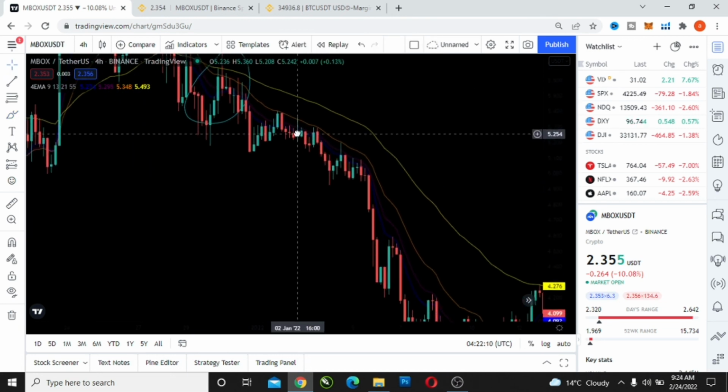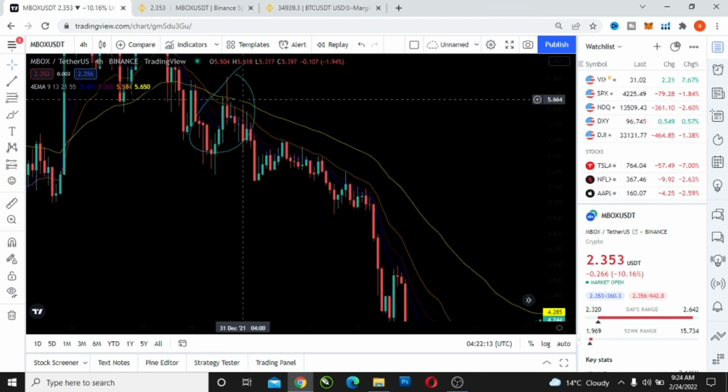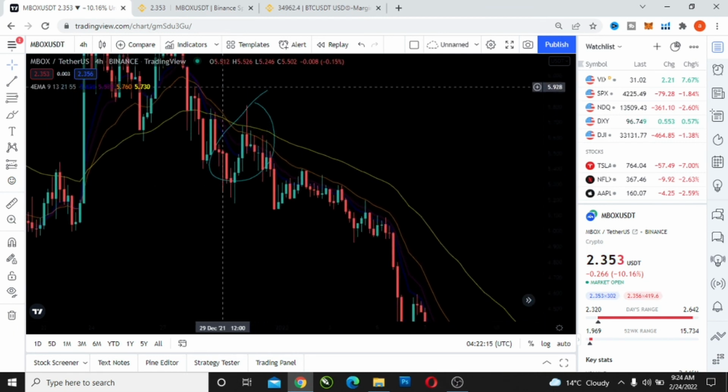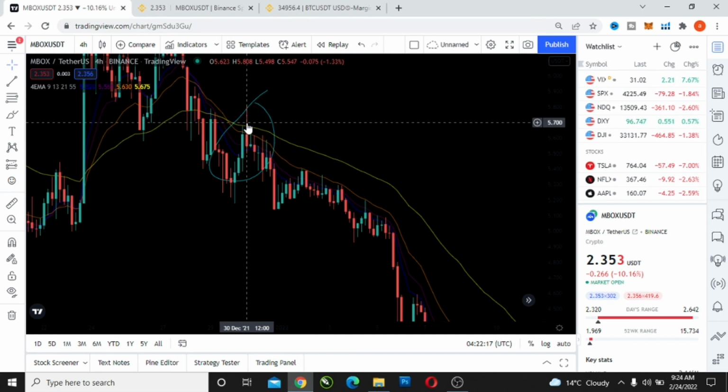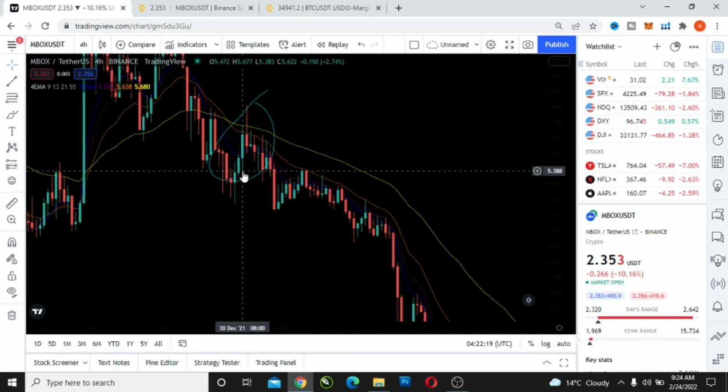So this is how you can be sure whether to sell your coin or to buy. When there is a crossover above the graph in descending order, then that is the right time to sell your coin at your earliest in order to be in profit.